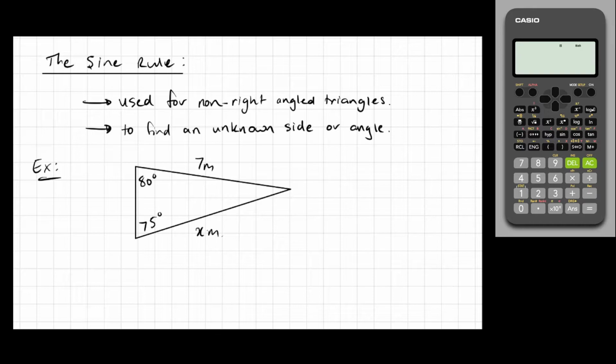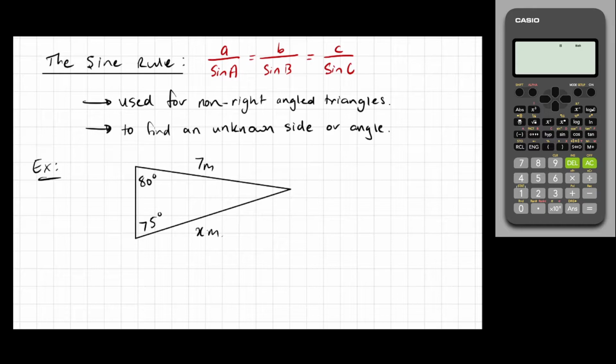The sine rule is a over sine A equals b over sine B equals c over sine C, where the little letters are the side lengths, and the big letters A, B, and C are the angles on the opposite side to where the small letter is.